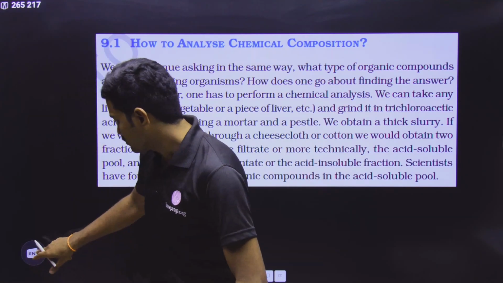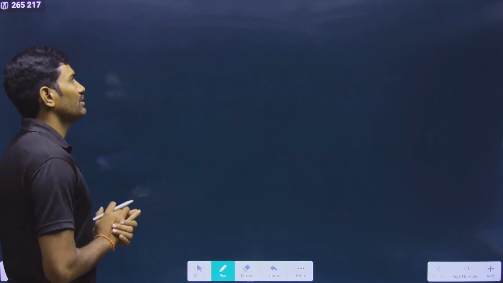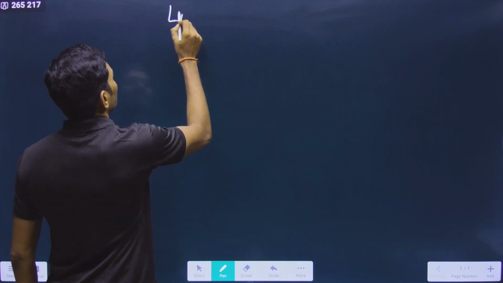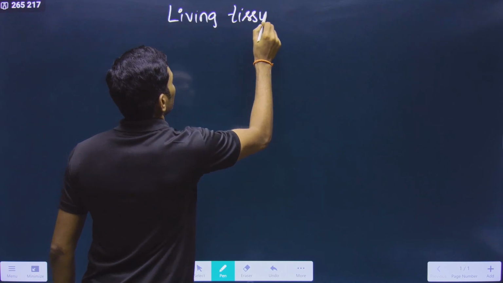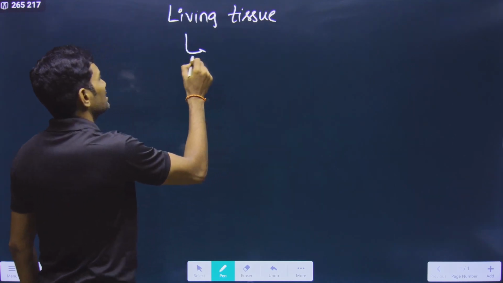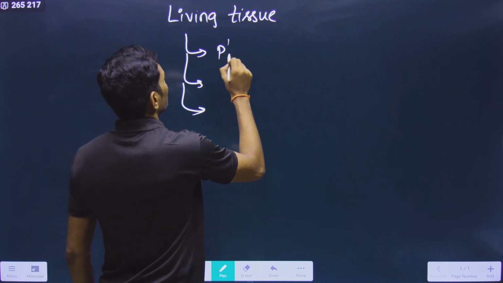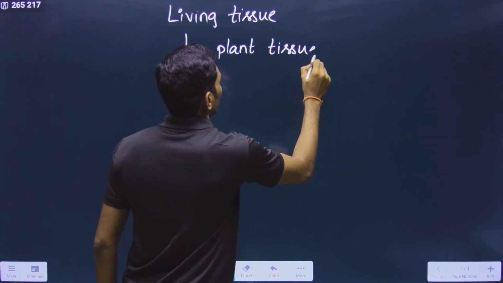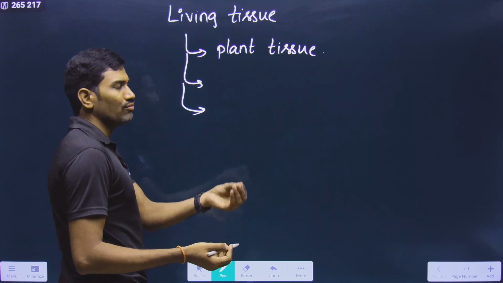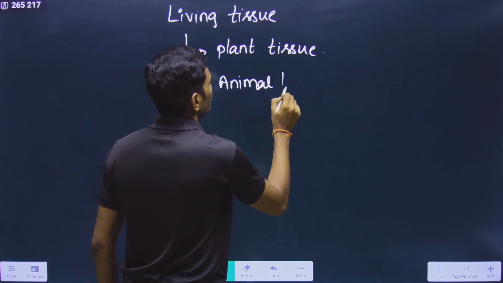Clear? And now let us quickly go through this. And now we are going with a living tissue. First, let us take a living tissue. In the previous lecture itself, I told you what are the various examples that you can take for the living tissue. You can take a piece of a plant and it is considered as plant tissue, and you can take a piece of an animal, you can take that as animal tissue.